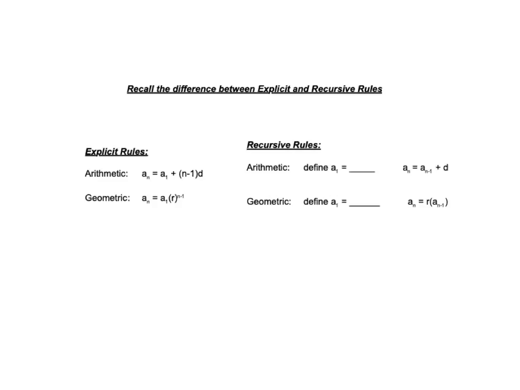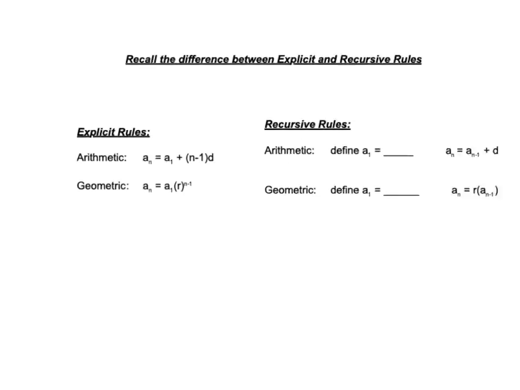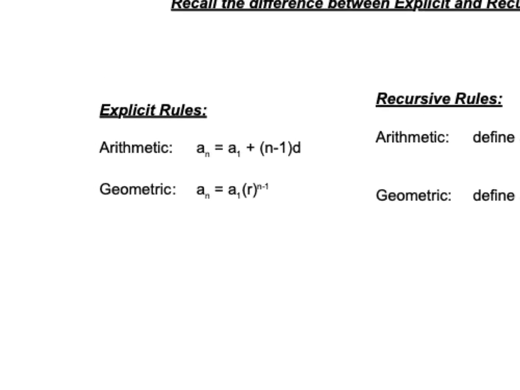Okay, so this is just remembering. We've talked about explicit and recursive rules. If we are talking about explicit rules, that's where we started the unit. In arithmetic, we had a sub n equals a sub 1 plus n minus 1 times d. You've written rules with that, and geometric was a sub n equals a sub 1 times r to the n minus 1.